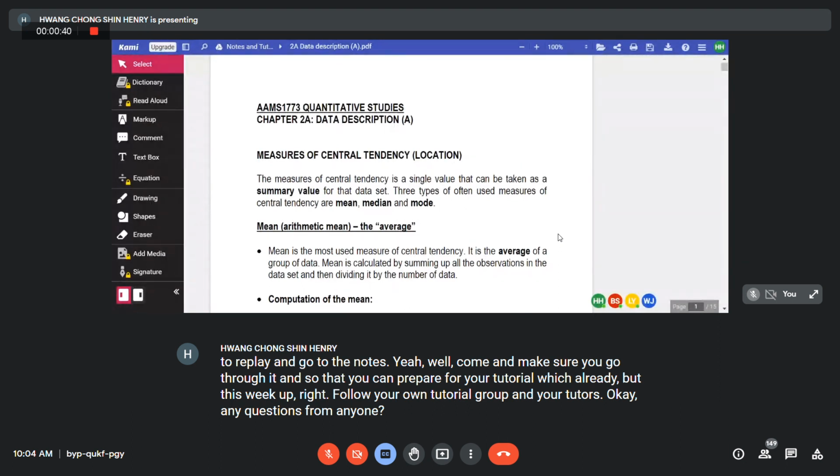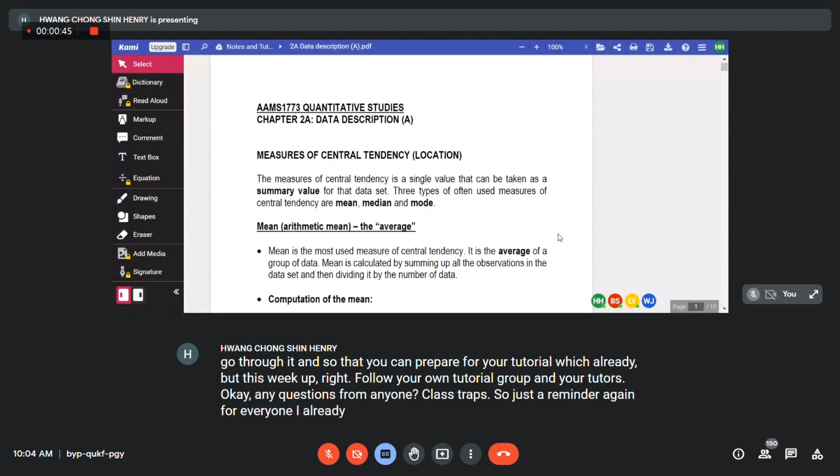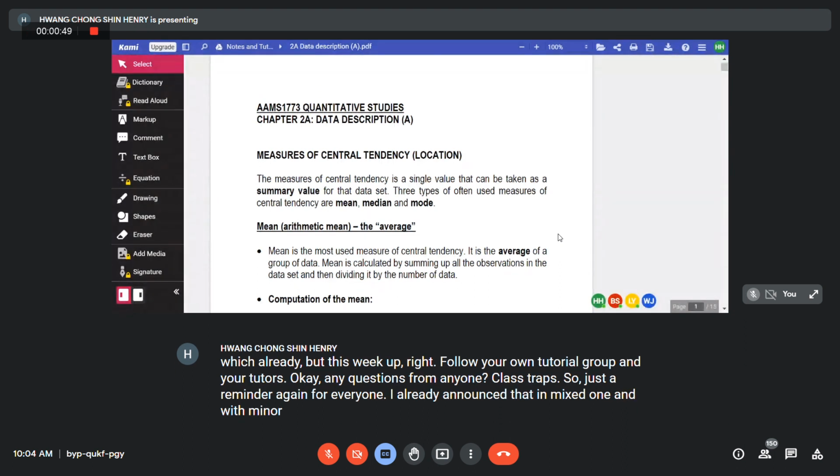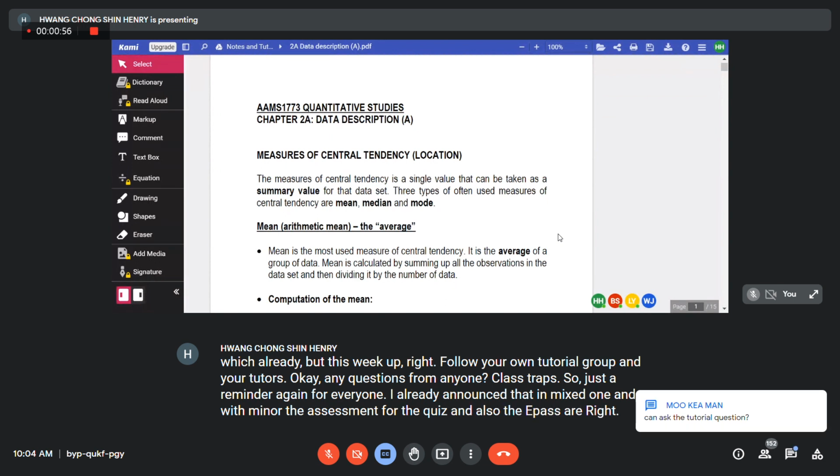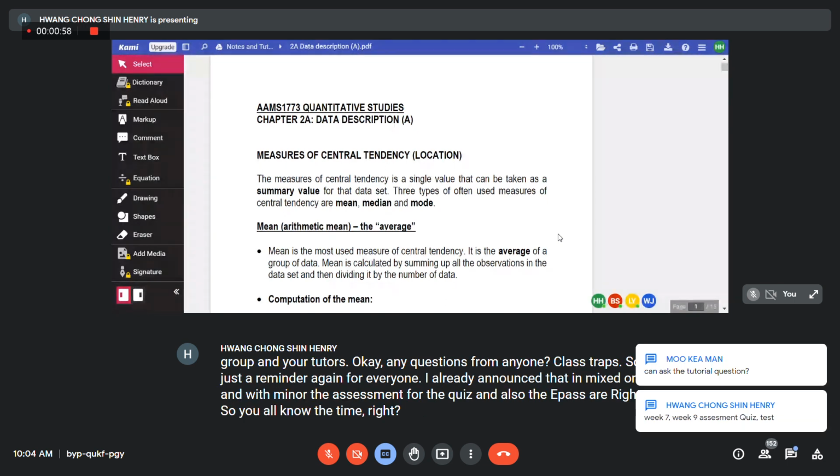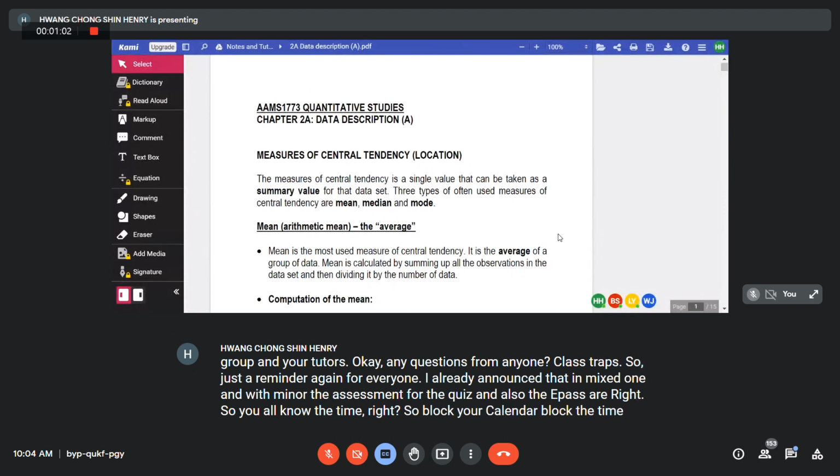Class reps, just a reminder for everyone: I already announced that in week 7 and week 9, the assessment for the quiz and also the e-test will be held. You all know the time, right? Block your calendar, block the time from 6 to 8.